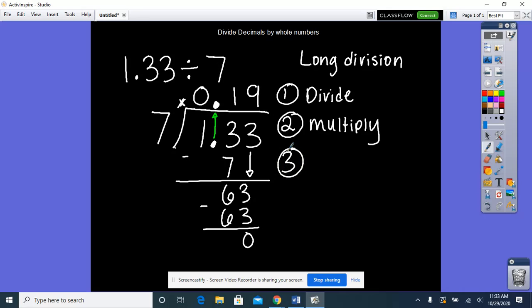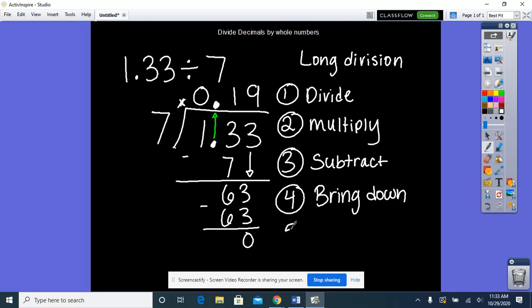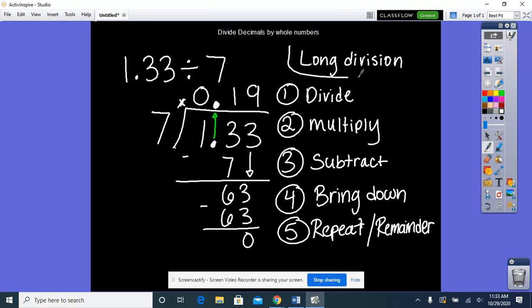Your third step is to subtract. Your fourth step is to bring down. Your fifth step is to repeat. And if you do not have anything else to bring down, it would be your remainder. So you can screenshot that just so you remember your steps for long division.